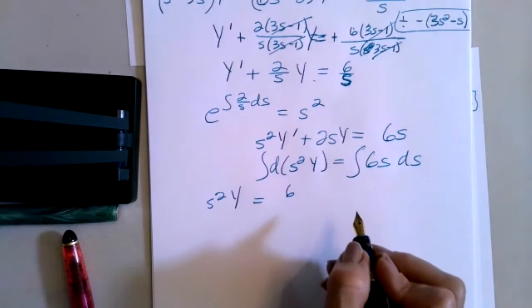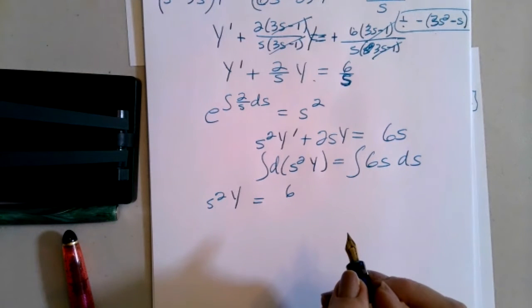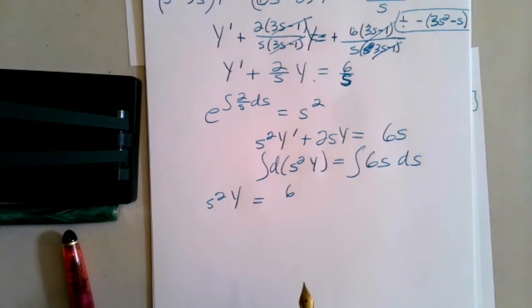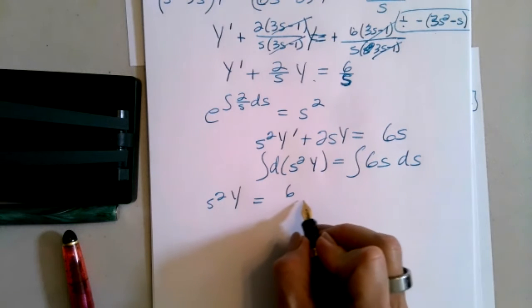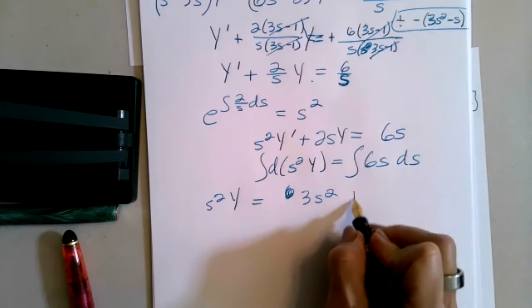But something again is amiss. What did I do wrong? Something is very strange because I'm getting 6s squared over 2, so that's a 3s squared plus c.